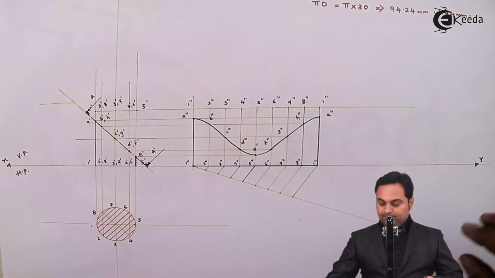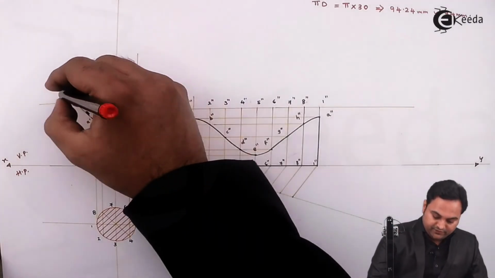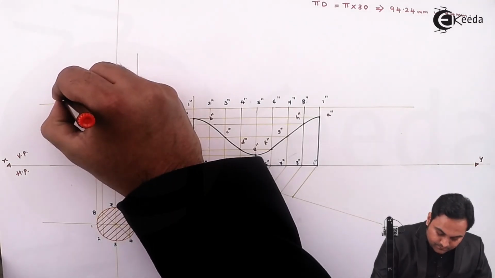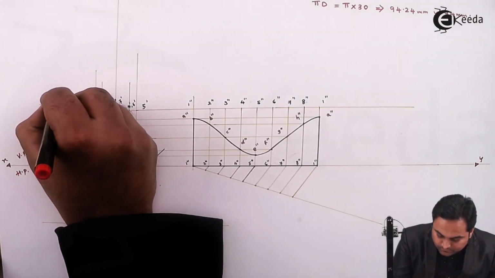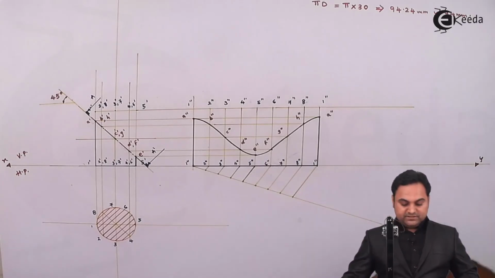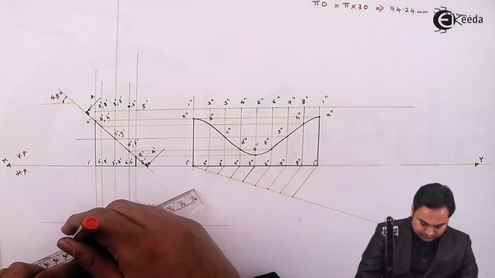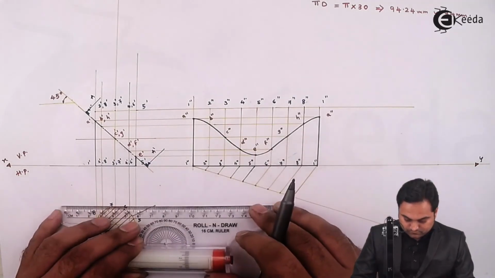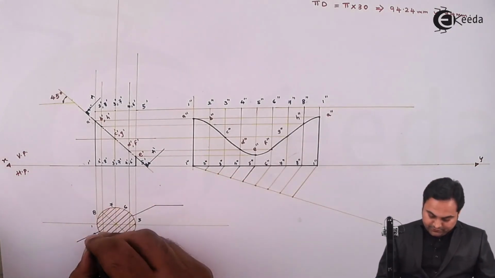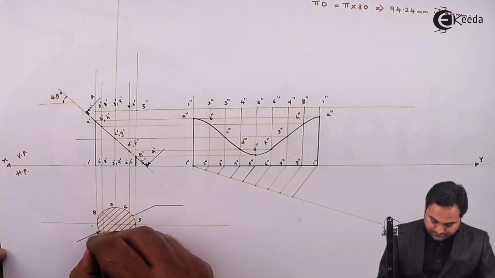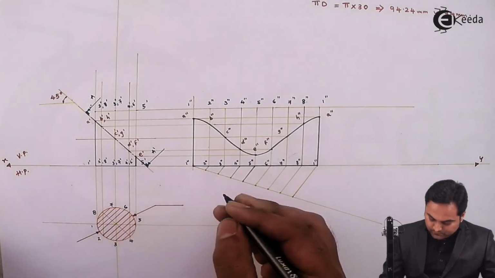The cutting plane inclined at 45 degree to HP seen in VP. The diameter of the cylinder 30 mm.